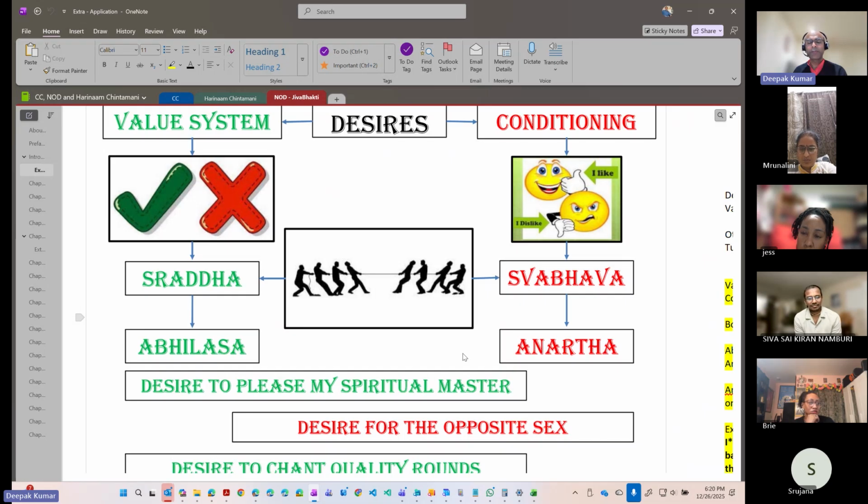Once I become pure, this subtle body concept goes away. Then I can see the purity, but I know most of us are not there yet. So to answer your question, anartha is at both the gross body as well as the subtle body. So mind, intelligence, false ego. Make sense? Any other question?